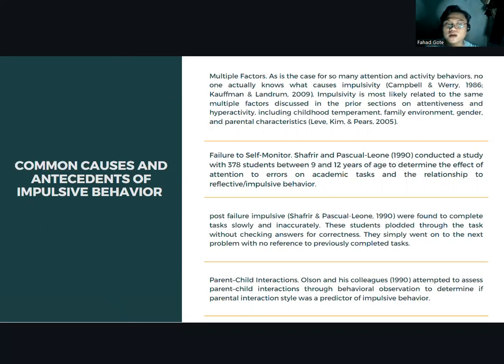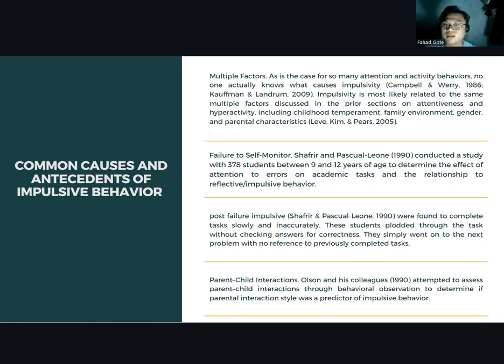Failure to self-monitor. Sharir and Paschall, 1990, conducted a study with 378 students between 9 and 12 years of age to determine the impact of attention to error on academic tasks and the relationship to reflective and impulsive behavior. They administered to the students a number of measures, including a maze and a matching to sample task to determine response behavior, and tests of academic achievement to evaluate arithmetic abilities.